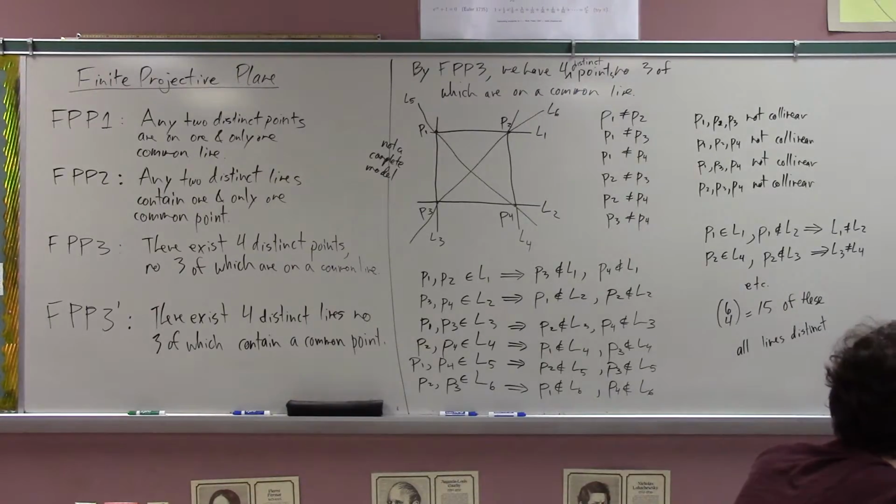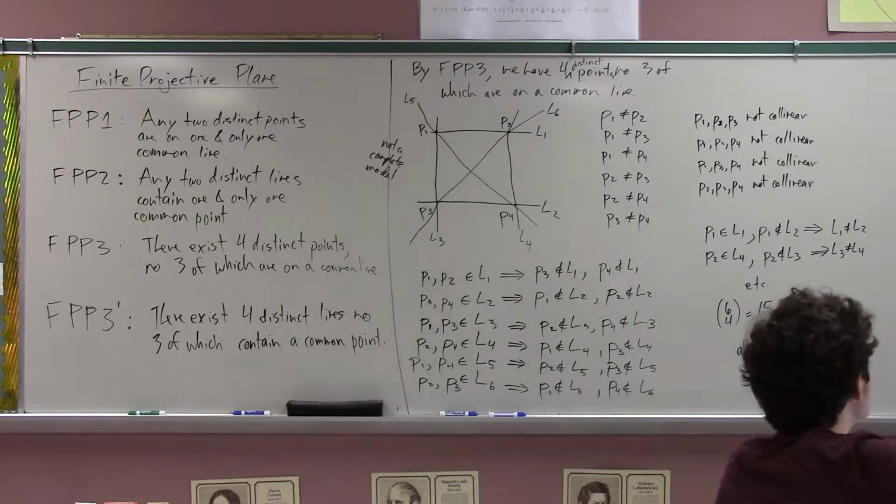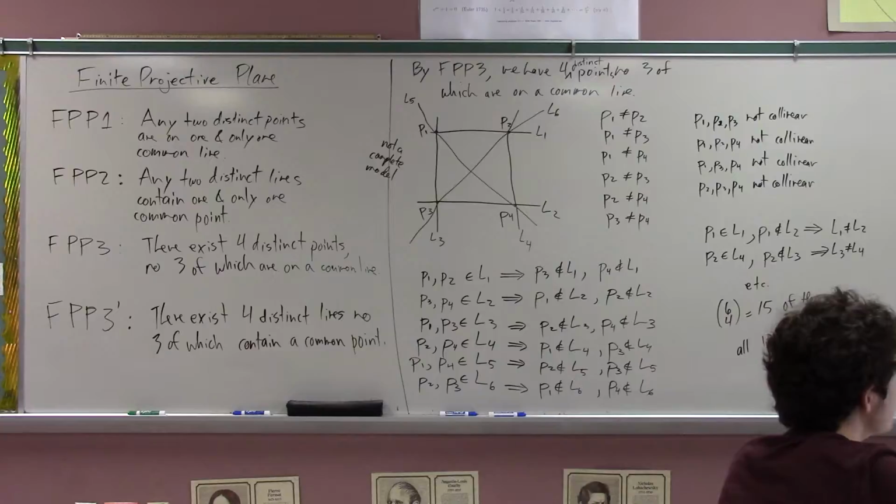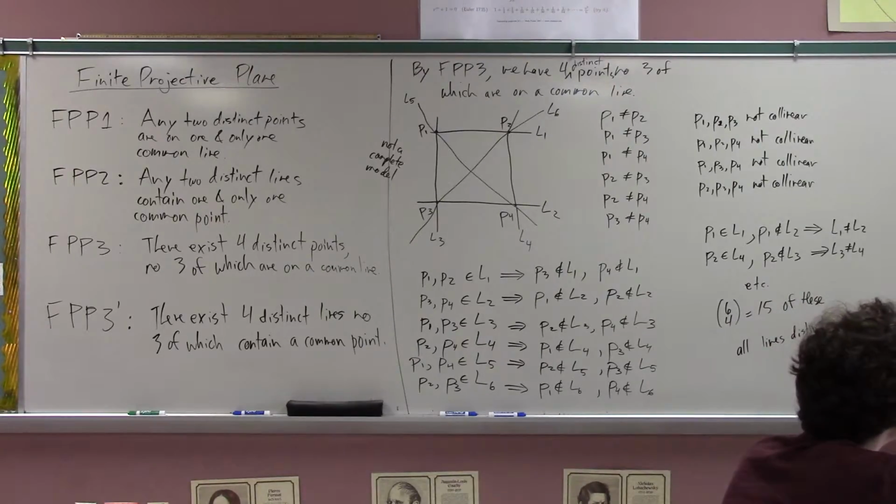This is sort of what FPP3 prime says. That for all possible finite projective plane models, there exist 4 lines such that there are not 3 of those lines which have a common point. So there exist 4 lines such that there does not exist 3 lines with a common point.